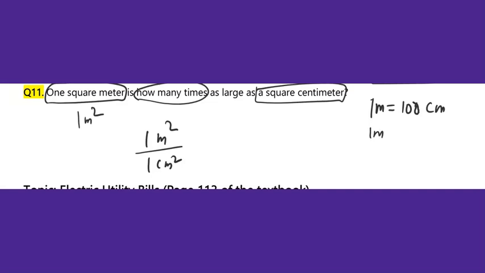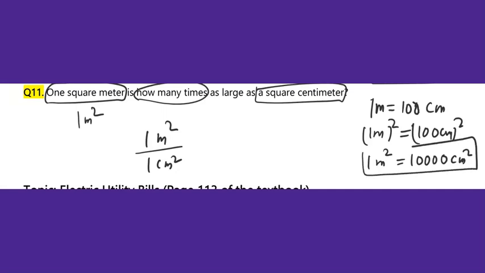If you square both sides, 1 meter squared equals 100 centimeters squared, which is the same as saying 1 meter squared equals 10,000 square centimeters. So I can write 1 meter squared as 10,000 square centimeters divided by 1 square centimeter, and the centimeter squared cancels, and 10,000 divided by 1 is 10,000.